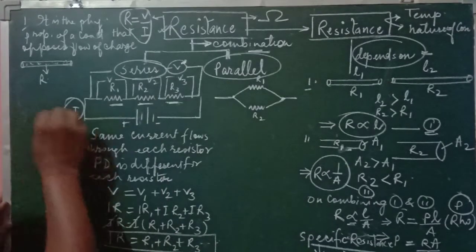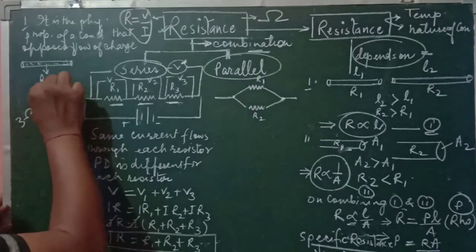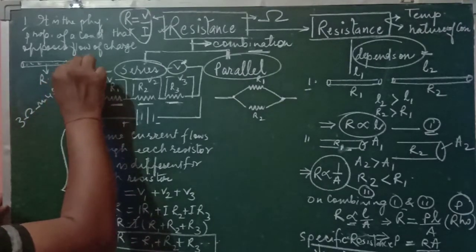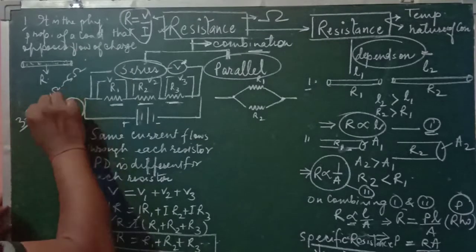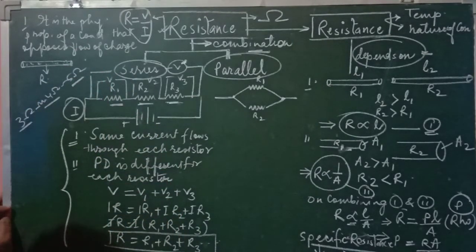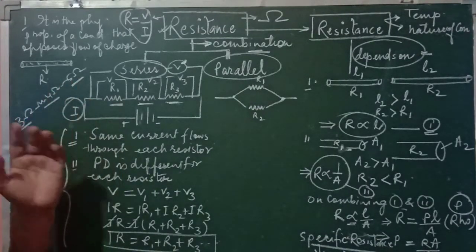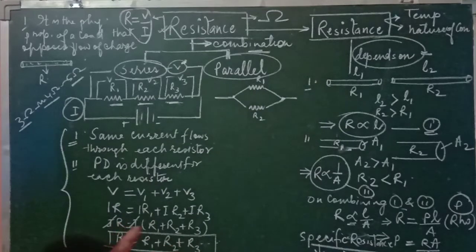Suppose this is 3 ohm, connected with 4 ohm, connected with 5 ohm. Definitely 3 ohm, 4 ohm and 5 ohm will get the same amount of electric current, but they are different resistances, so they will require different amounts of electric current.